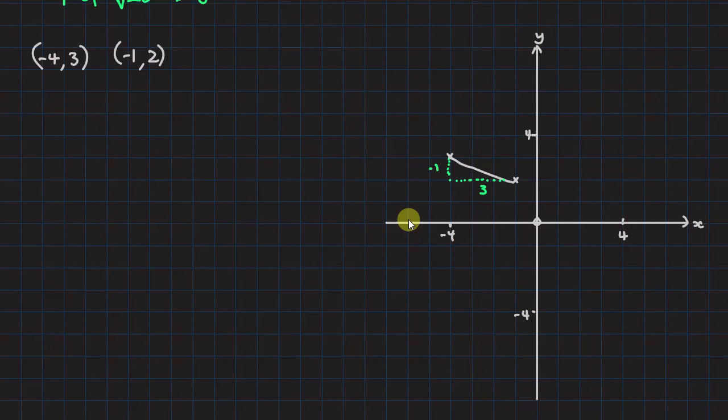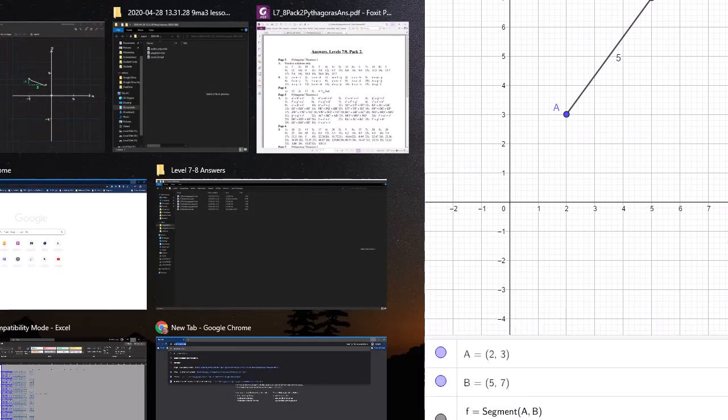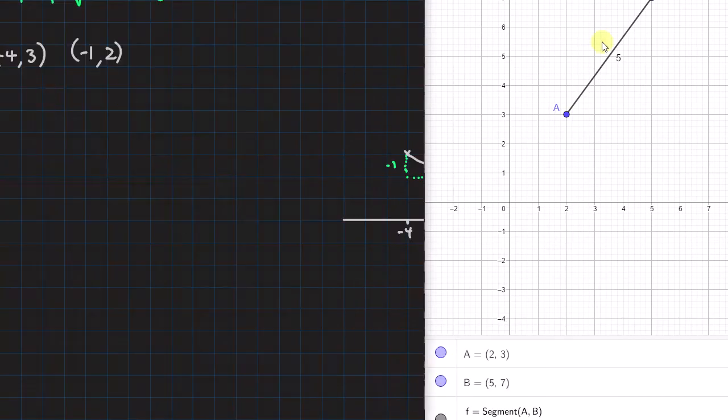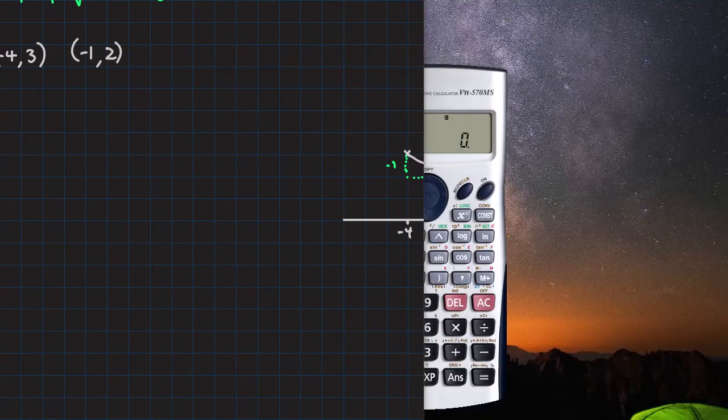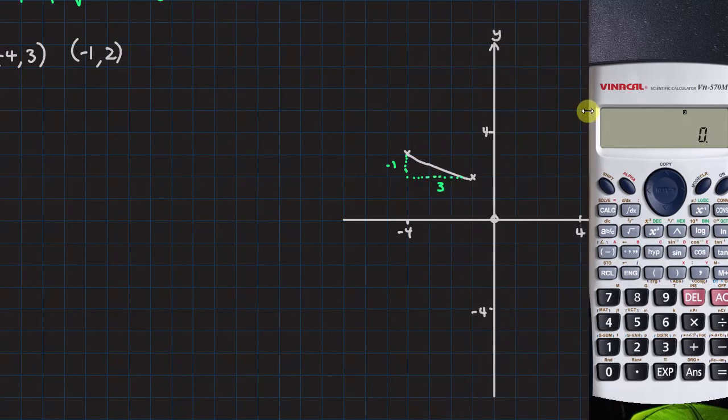I will need my calculator, so I'll pull my calculator in, and get out the way, Geogebra. I want my calculator to one side, and all my calculations going on next to it.